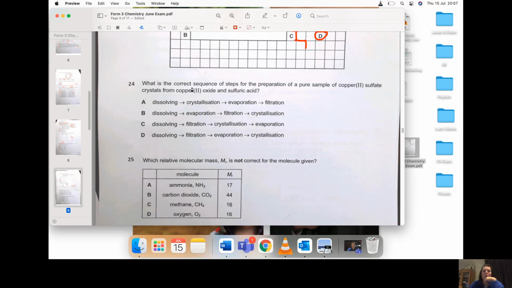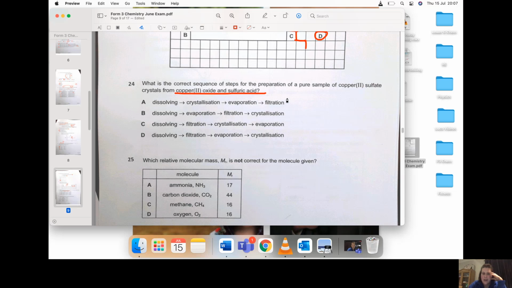Question 24. What is the correct sequence of steps for the preparation of a pure sample of copper 2 sulfate crystals from copper 2 oxide and sulfuric acid? This is the exact practical we did. And if you can't remember the steps, then you need to pay more attention in class. So all of them start with dissolving. Okay?